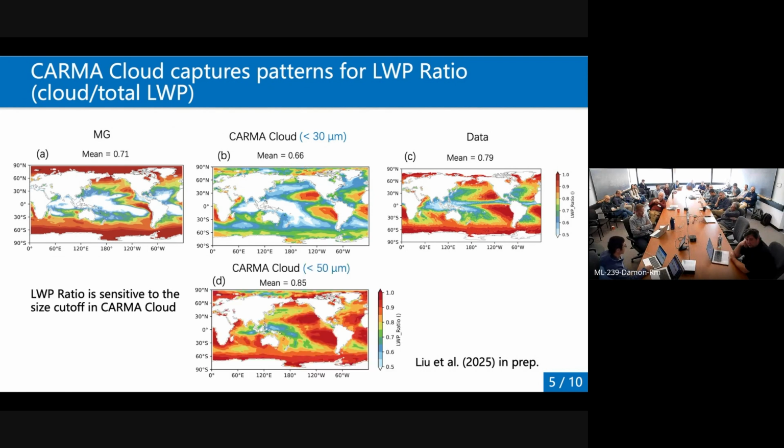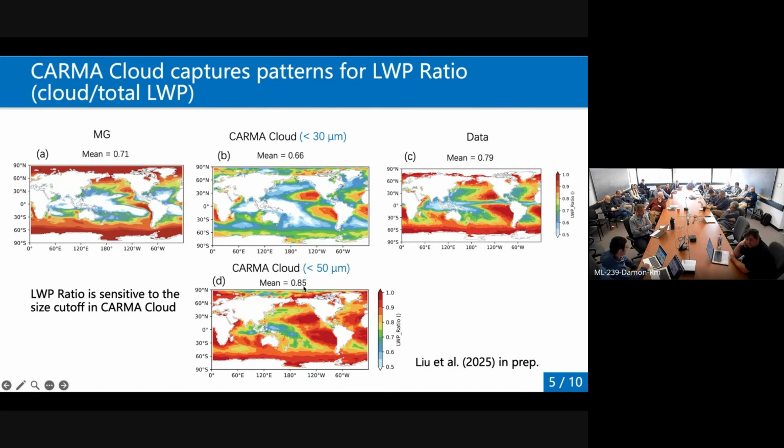But we notice that this ratio is sensitive to the size cutoff in Karma Cloud. Like in panel B, we cut off the sizes at 30 microns, while in panel D, we cut the sizes at 50 microns for cloud-sized particles.